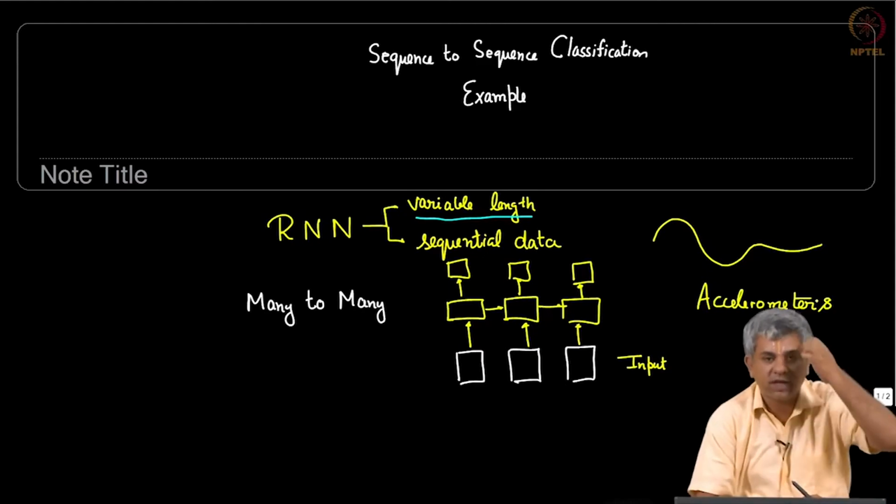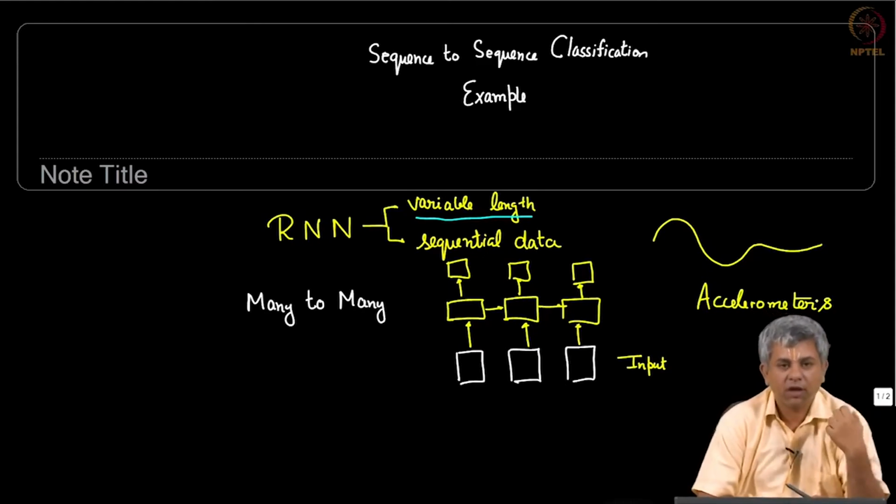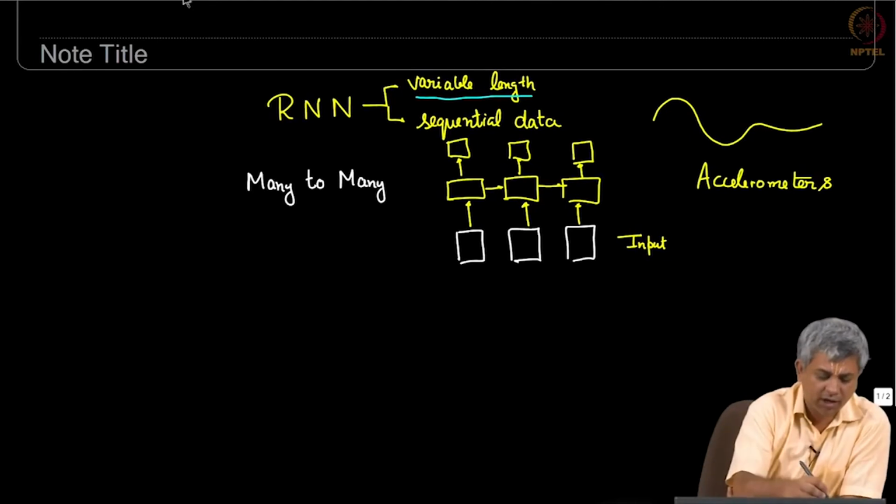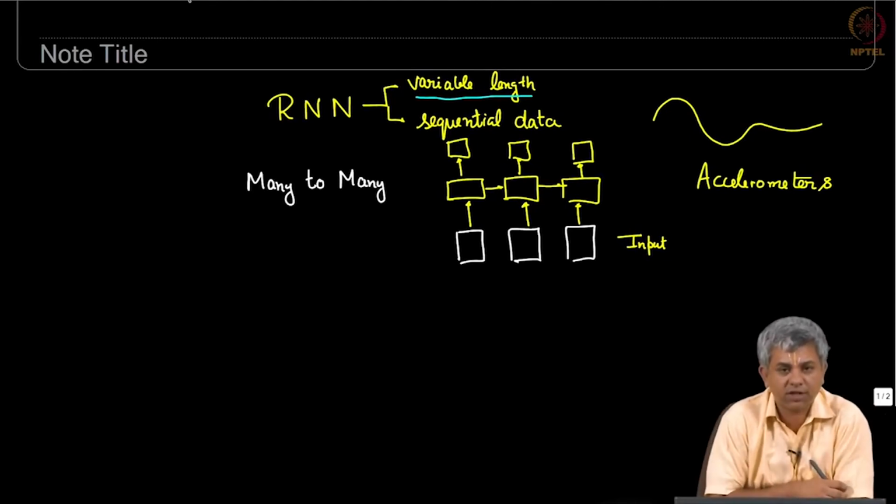So, let us say you keep a smartphone within your car, and by your acceleration signal it should be able to say whether you are stationary, whether you are moving, whether you are accelerating or whether you are in an accident. Now, this can be particularly useful. I have heard of a student from IIT Delhi who did this as a project.